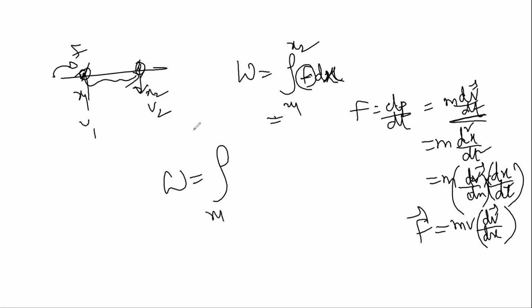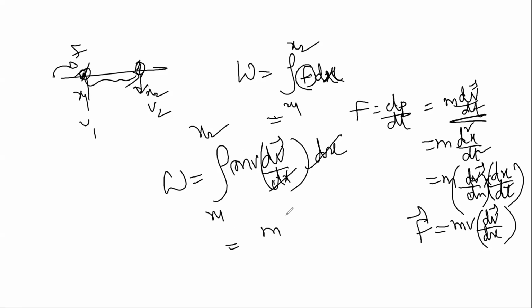Now I substitute F in the work: the integral from x1 to x2 of m v dv by dx into dx. So dx gets cancelled out, and I am left with the integral from x1 to x2 of m v dv. When integrating with respect to velocity, I change my limits to v1 to v2.